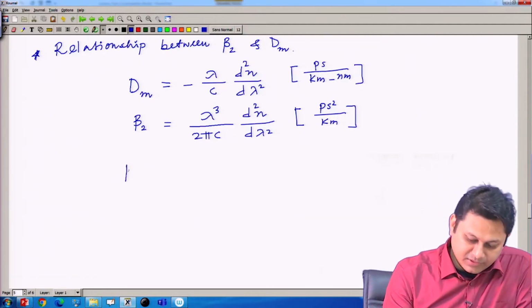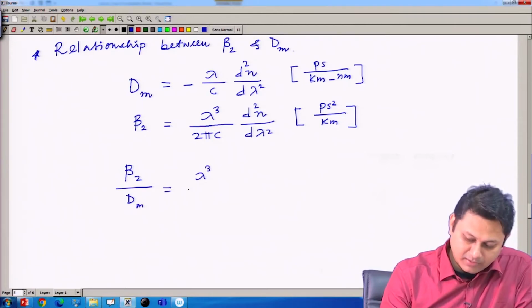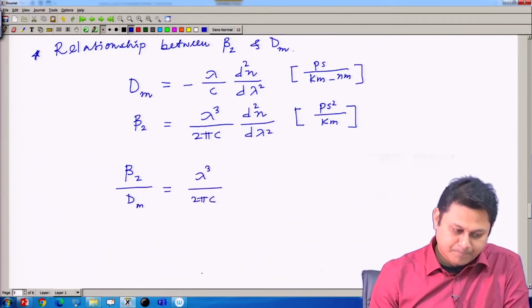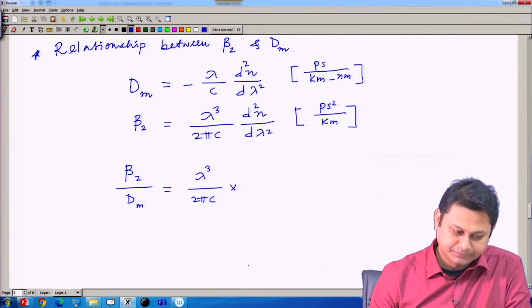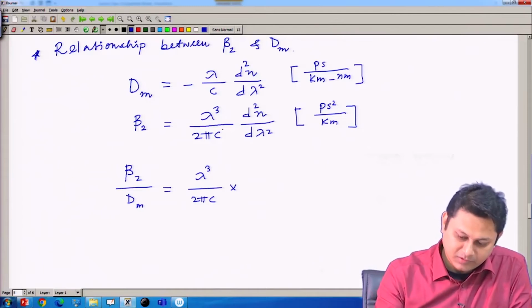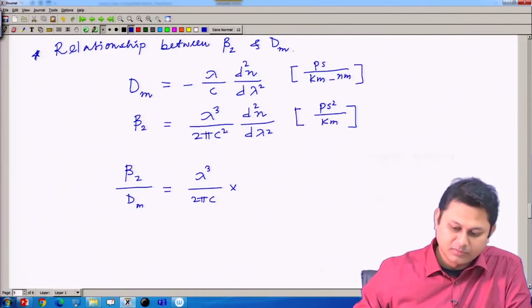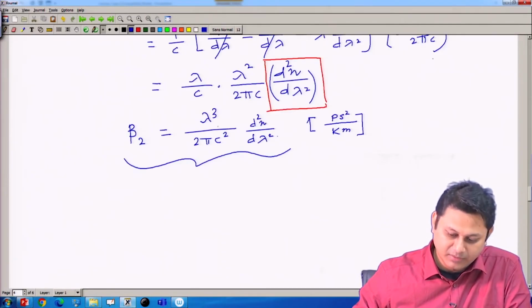Now, the relationship one can easily find. If I just make beta 2 divided by beta m, it should be lambda cube divided by 2 pi c, and then multiplied by... this is 2 pi c square, by the way, because beta 2 is lambda cube divided by 2 pi c square.